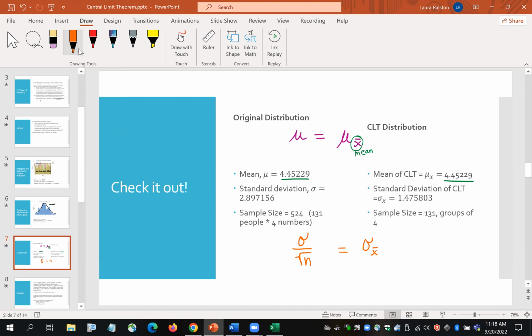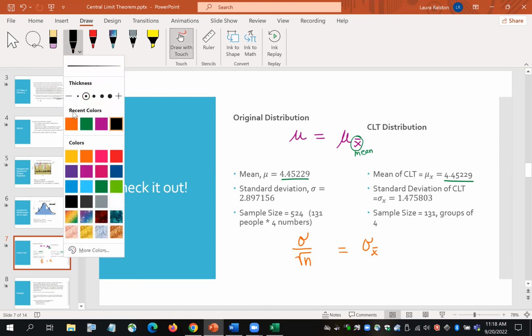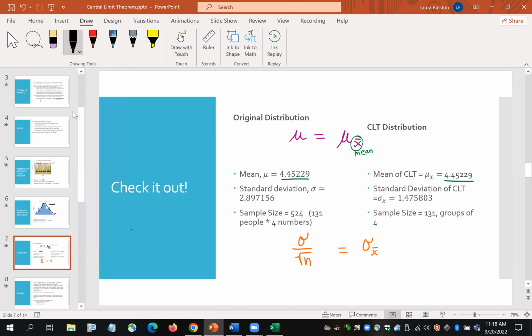Now, I think I'm a little bit off on this one because if you look at those numbers, what that means is that my standard deviation for the central limit theorem should be 2.897156, the original standard deviation, divided by the square root of 4 because I had groups of 4. So that would be 2.897156 divided by 2.